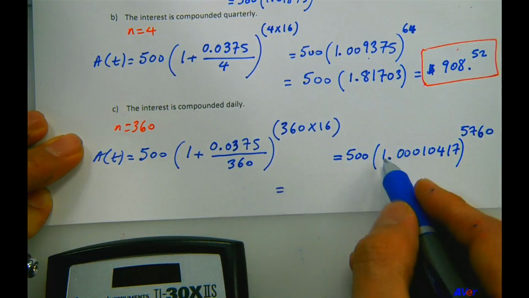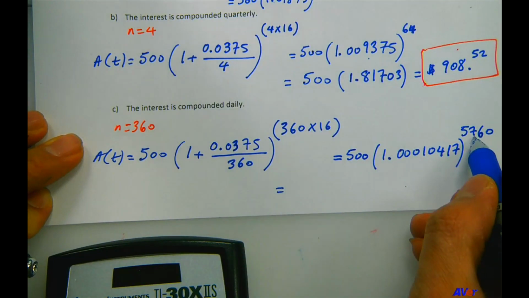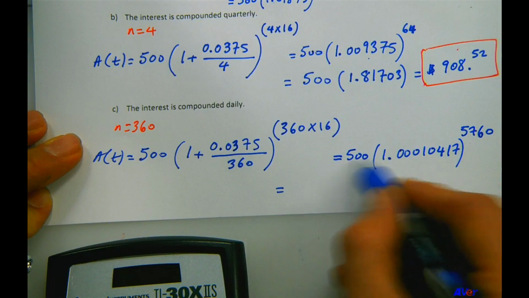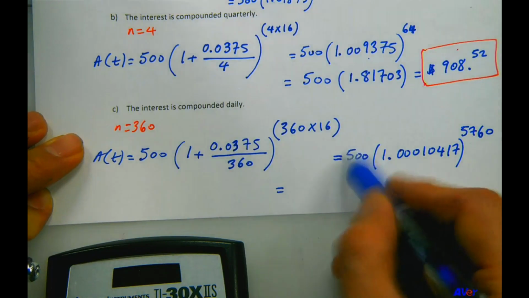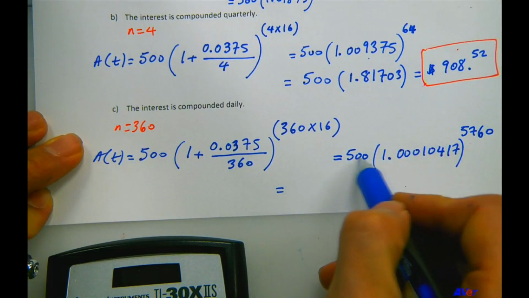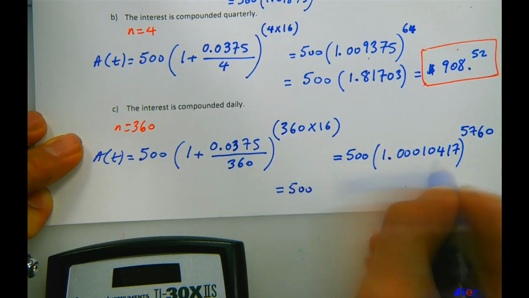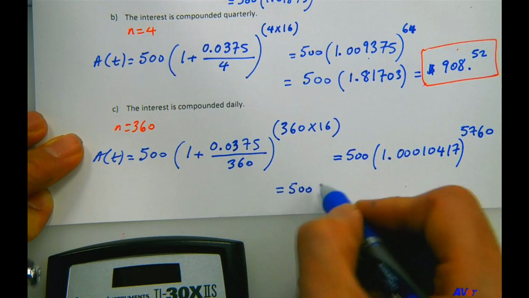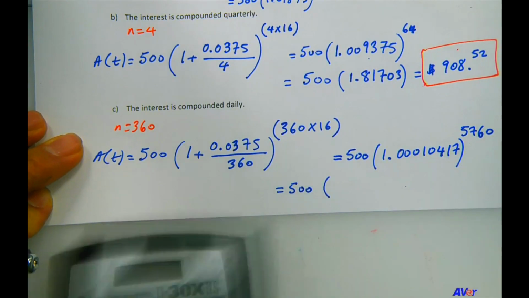So now we have to then raise this quantity to that power and then multiply back by 500. So notice that even though 500 comes first, the last thing we do is multiply by 500, right? Just to observe the order of operations. So 500, I'm going to raise this quantity to that power.